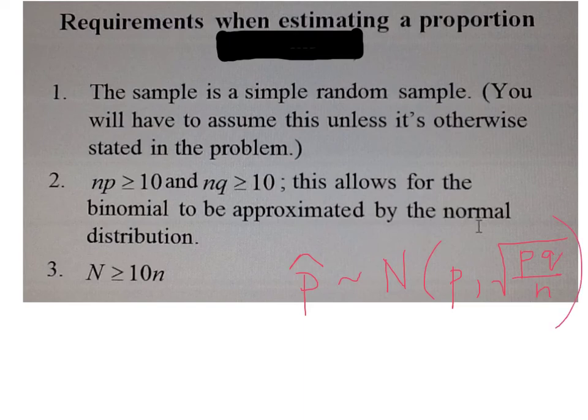And so once we have all these things in play, we know that this is going to be our sampling distribution for all possible p-hats. The last one says that N, the population size, must be significantly greater than the sample size. So N for the population has to be bigger than or equal to 10 times your sample size.